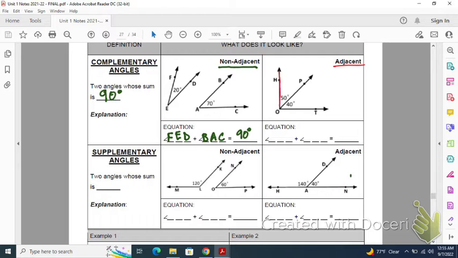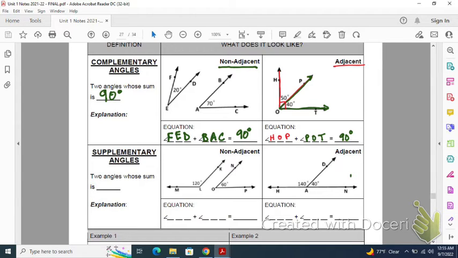Angle HOP plus angle POT. 50 plus 40 is obviously 90, so those are also complementary angles. If you were to want to mark up this diagram, remember a 90-degree angle is also a right angle, so you can put that box inside the big angle HOT.